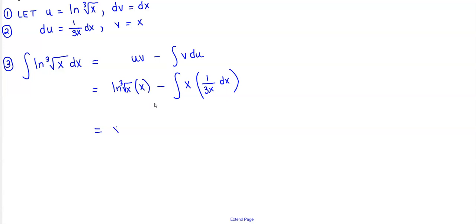Okay, so let's go ahead and simplify this a little further. So we have x now in the front times the natural log of the cube root of x minus the integral of x over 3x dx. So we can simplify the x. So we have x times the natural log of the cube root of x minus the integral of 1/3 dx.